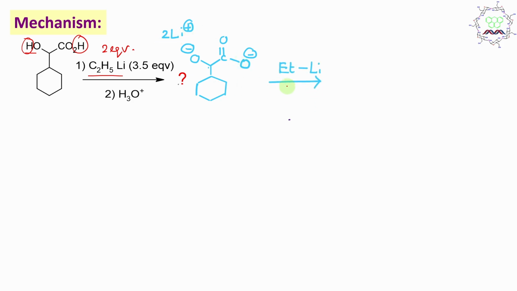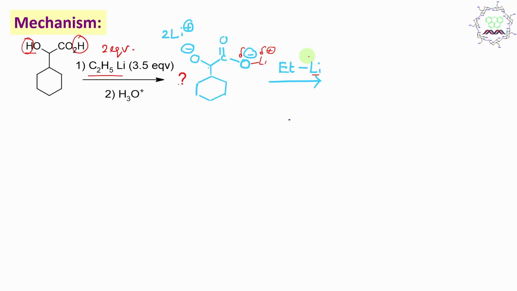In the next step, what you expect, this ethyl lithium will react. Now generally carboxylate is not electron deficient, but if you look at this OLi bond, it also has a significant amount of covalent character, so I should write it in this way. And since ethyl lithium is significantly polar, this lithium can also coordinate here to increase the electron deficiency.